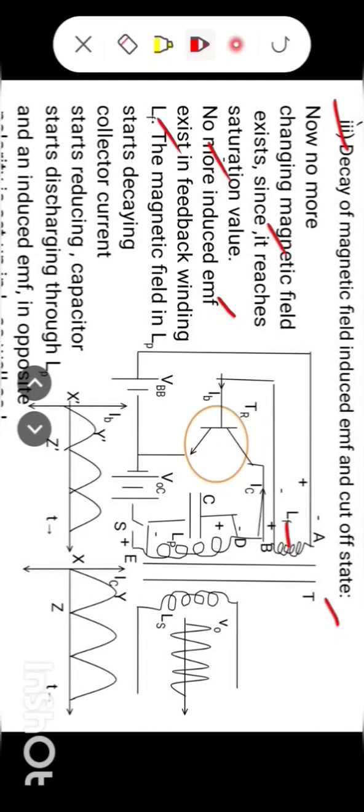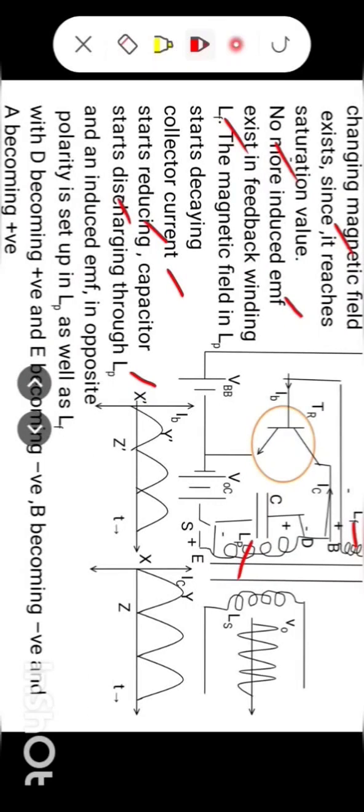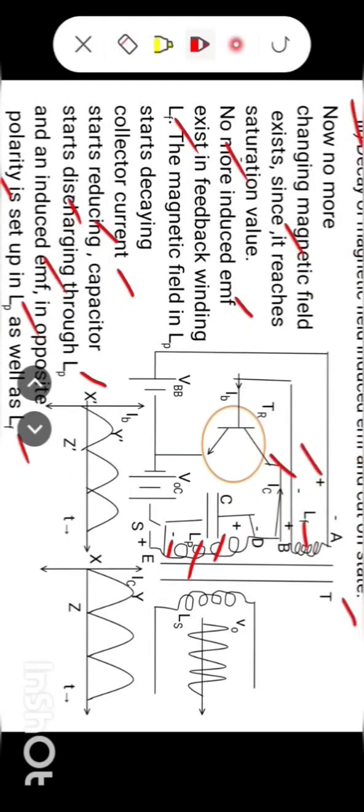The magnetic field in LP starts decaying, collector current starts reducing, capacitor starts discharging through LP, and an induced EMF of opposite polarity is set up in LP as well as LF, with D becoming positive and E becoming negative, B becoming negative and A becoming positive.